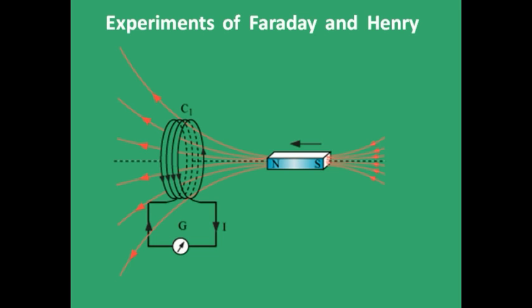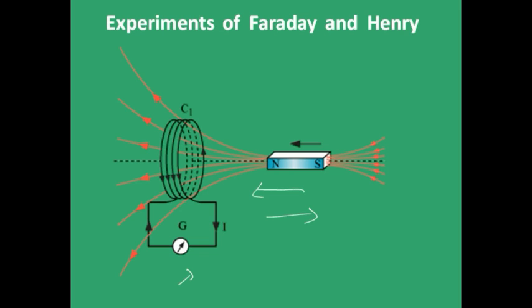The first part of the experiment is that you have a coil here and you move a magnet towards the coil in this way, and afterwards you move it away from the coil. When you move the magnet towards the coil, you see a deflection in the galvanometer. That is, there is some current induced in this loop.